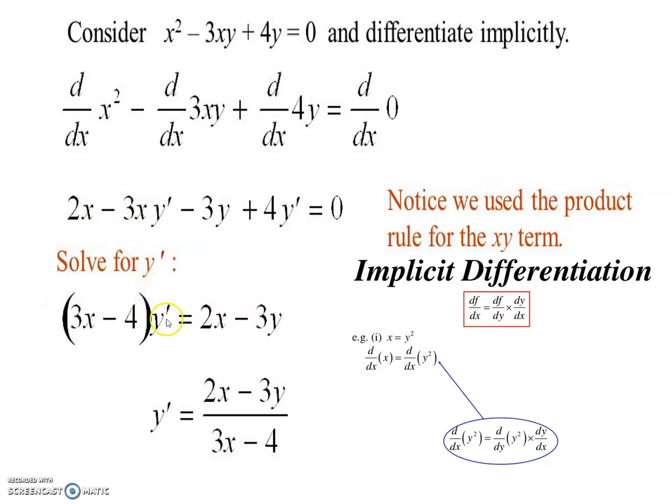Minus 2x goes to this side, it is plus 2x, plus 3y goes this side, that is minus 3y. We multiply both sides by the negative. Therefore, y dash is equal to 2x minus 3y upon 3x minus 4.